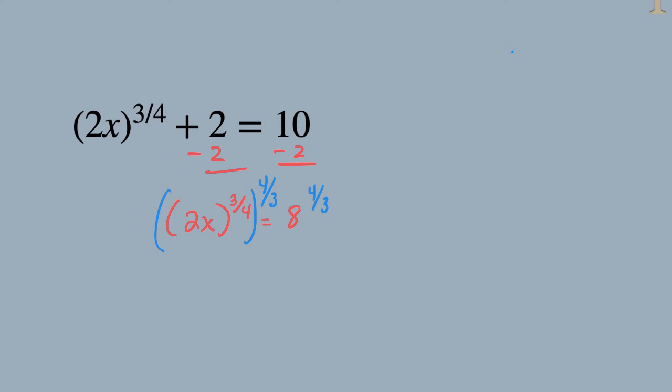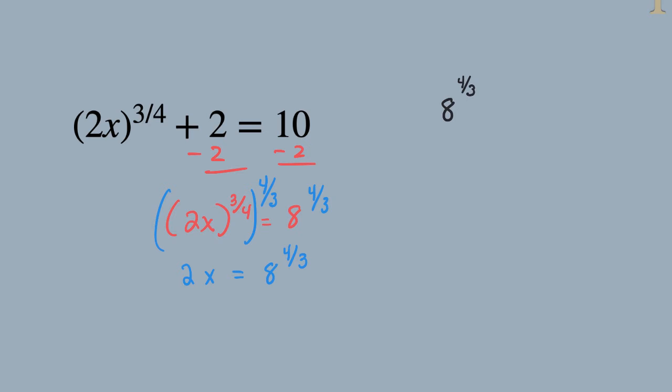And so that's the situation that we've created right here. The 3 times 4 is 12. The 4 times 3 is 12, and 12 over 12 is just 1. So that radical is gone, giving us just 2x equals 8 to the 4/3. Now I'm going to step off to the side here to show you how to deal with that 8 to the 4/3.